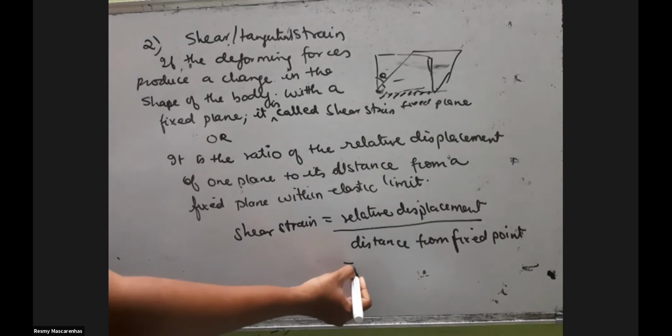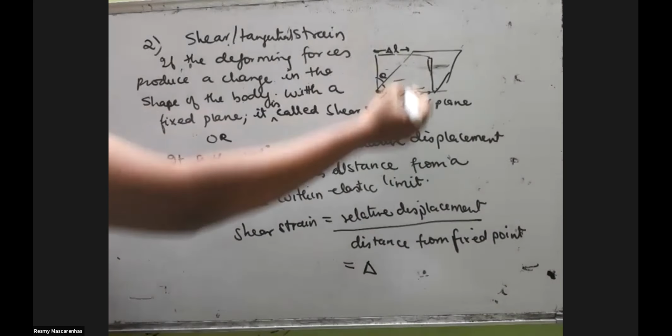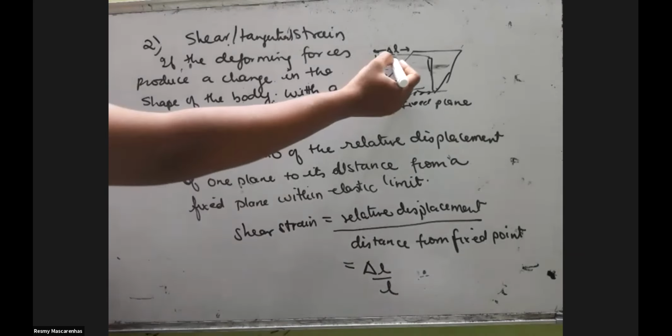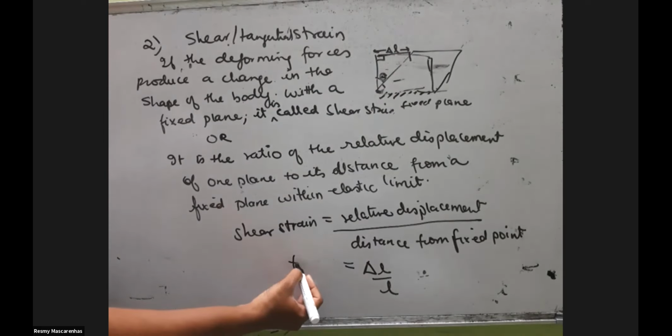That's nothing but delta L upon L, which is the same as, if you see a perpendicular one, it's nothing but tan theta.